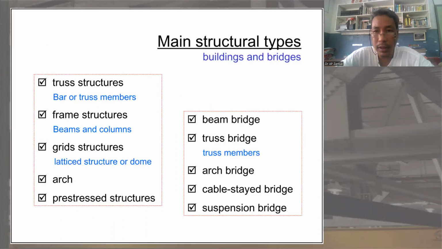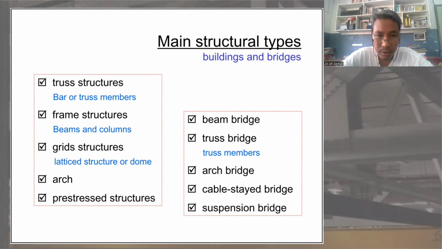This could be classified into 2: the building application and the bridges application. At the left side of your screen, you can see a list of samples under building application. We have trusses, structures with either bar or truss members.